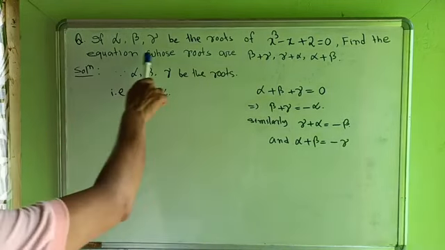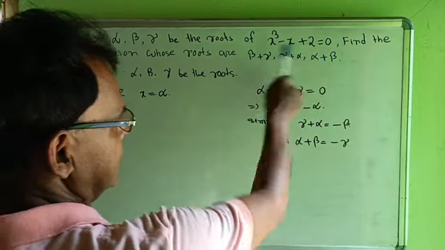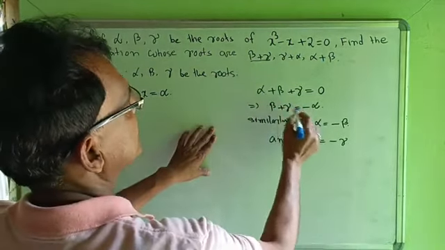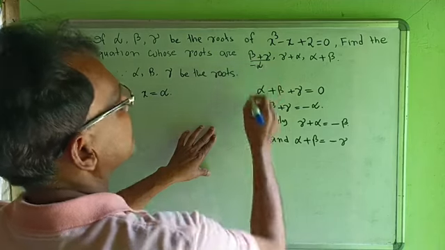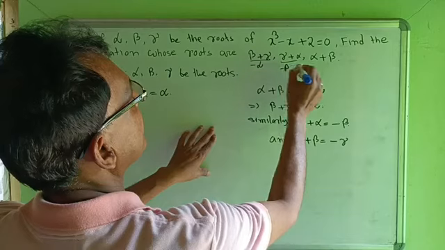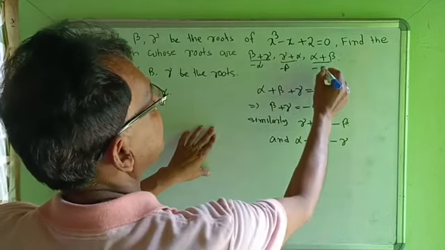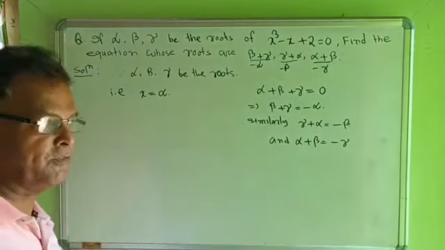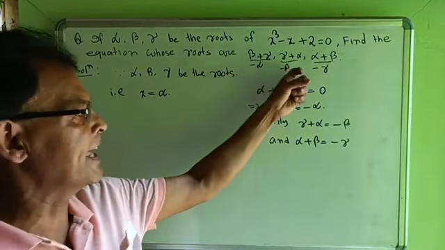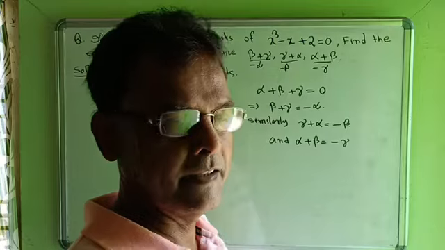That is, the equation whose roots are these. So we can write this equal to minus alpha, this equal to minus beta, this equal to minus gamma. That means we have to find the equation whose roots are minus alpha, minus beta, minus gamma.